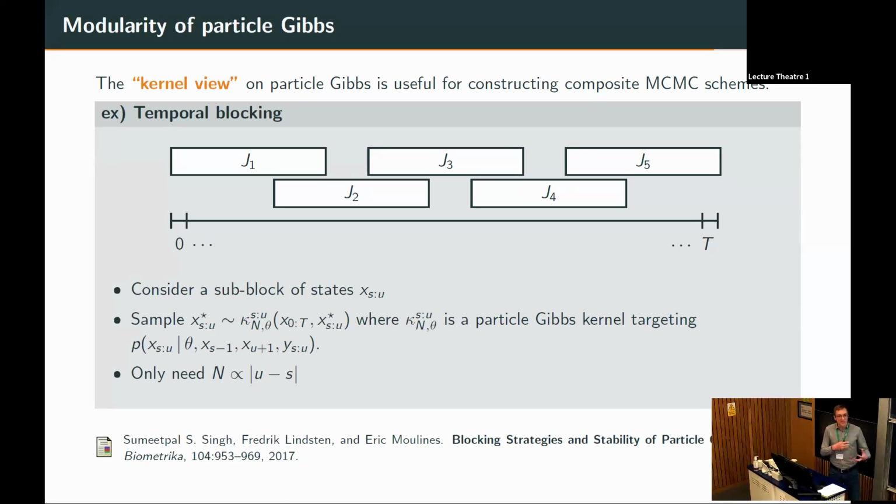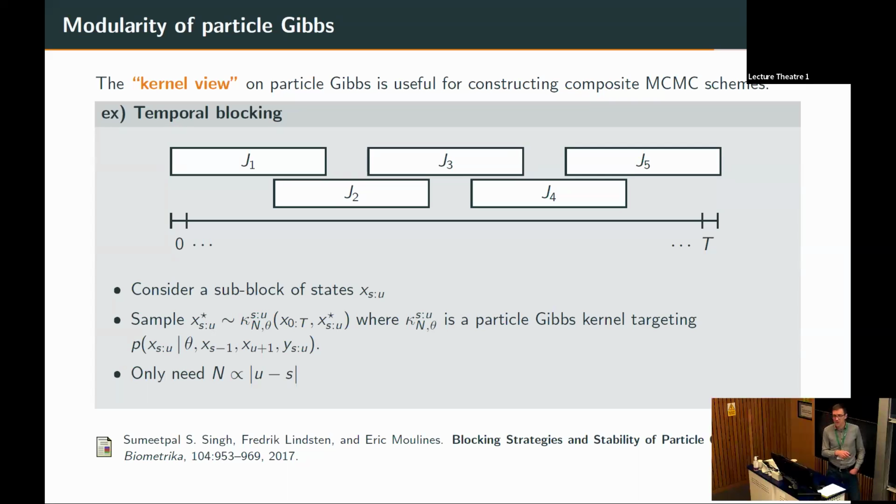But since we had this degeneracy issue with the original particle Gibbs kernel, if the number of time steps becomes large, one way in which we could try to address this issue is to divide the state variables into some blocks, and then you update one block at a time. These blocks could, for instance, be overlapping. So if we have the entire time interval here from 0 to capital T, we divide this into 5 blocks like this, and then you implement one particle Gibbs kernel for each block separately, and then you just alternate between sampling one block conditionally on the other ones until you have updated all.